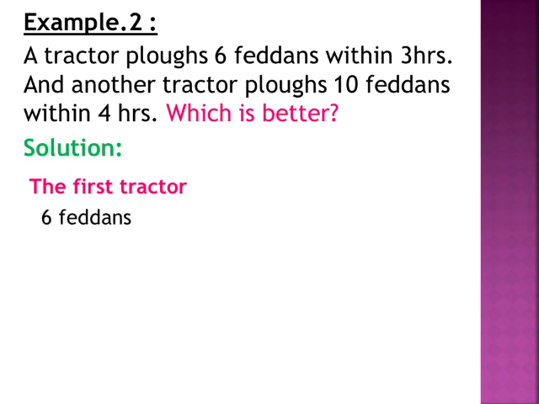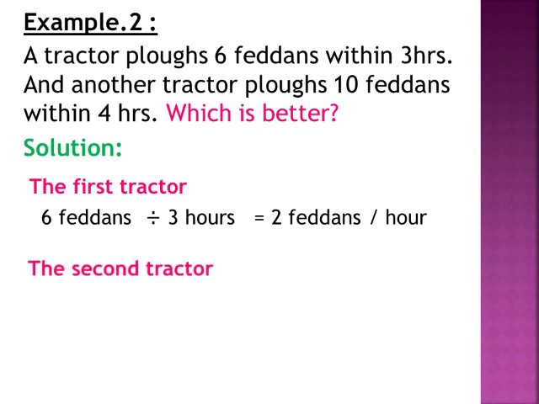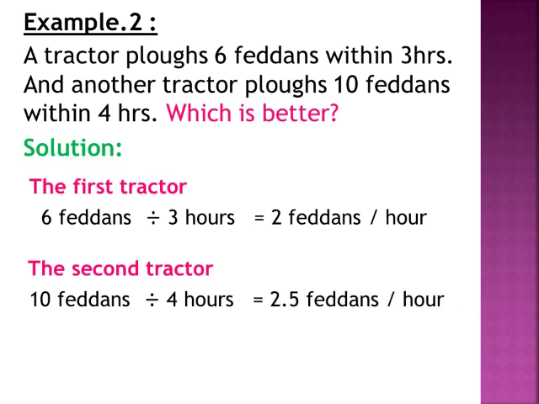The rate: 6 feddans divided by 3 hours equals 2 feddans per hour. And the second tractor: 10 feddans divided by 4 hours equals 2.5 feddans per hour.